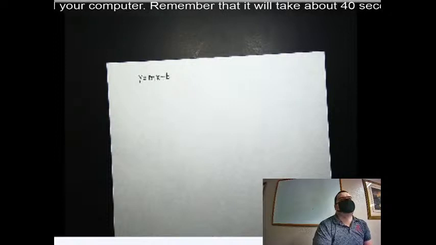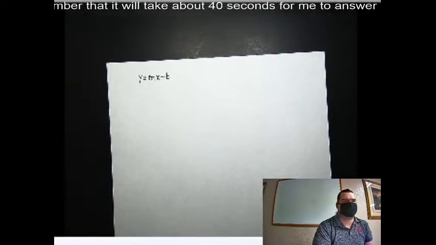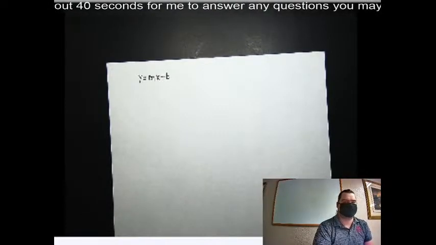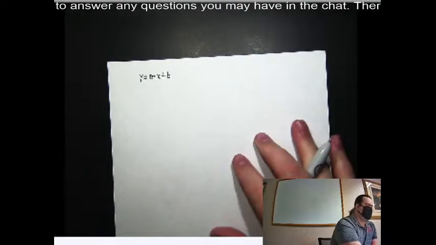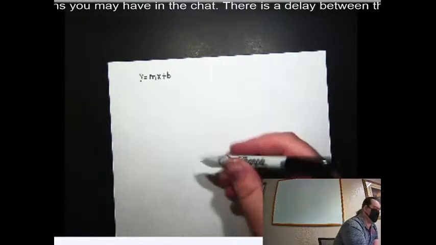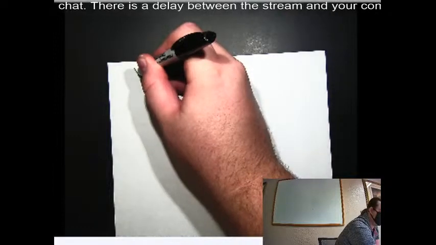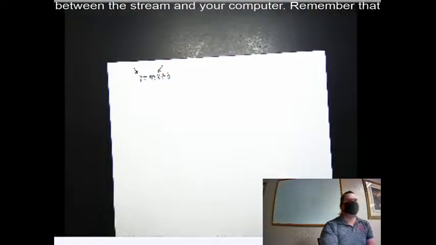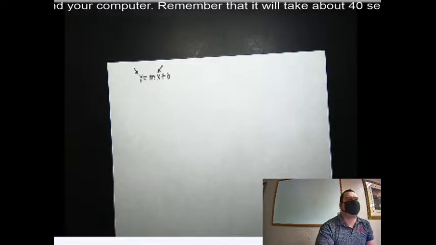Okay. So again, this is the general form of a linear equation. And like I said, these things fit a lot of different situations. So, what do each of these pieces and parts mean? Okay, first of all, y and x. These are both variables. We've seen these variables before.